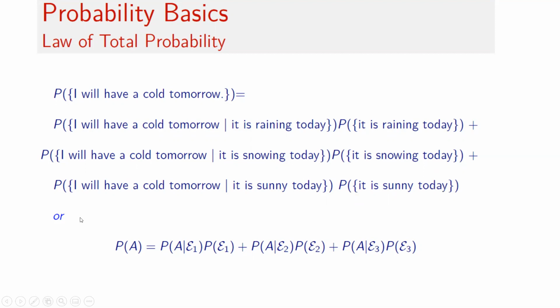Or in other way, the formula that we saw before, we can say, for example, that the probability of capital A is the probability of capital A given epsilon 1 times the probability of epsilon 1, plus the probability of capital A given epsilon 2 times the probability of epsilon 2, plus the probability of capital A given epsilon 3 times the probability of epsilon 3.